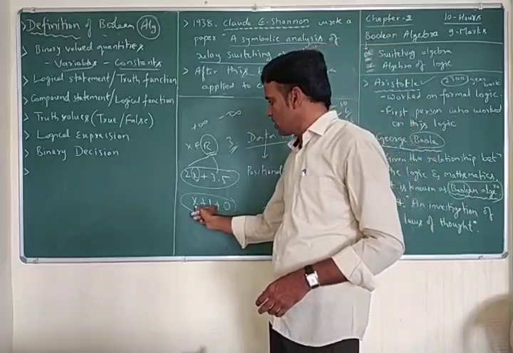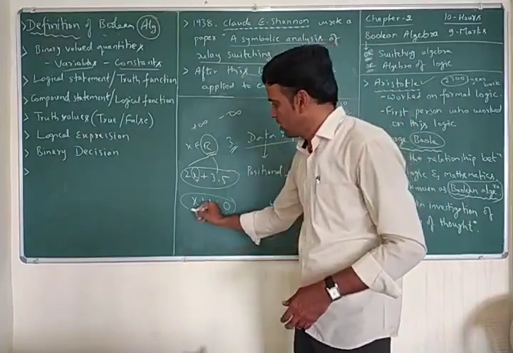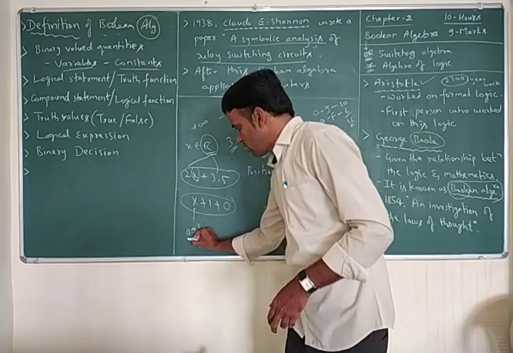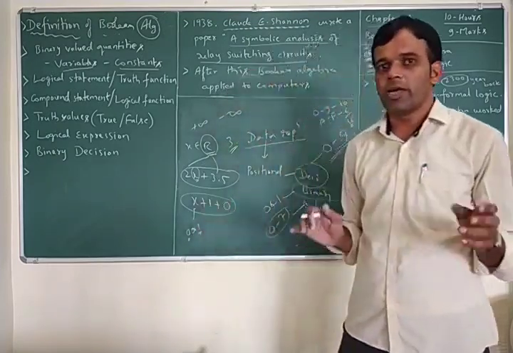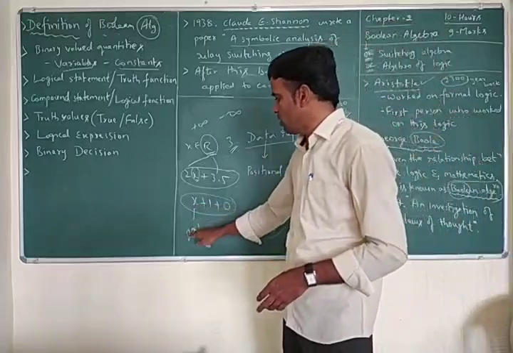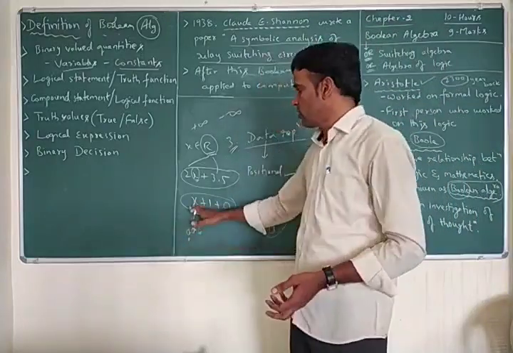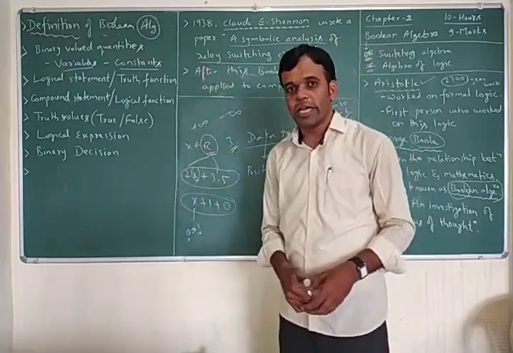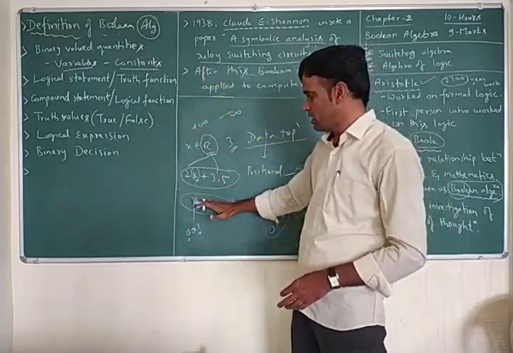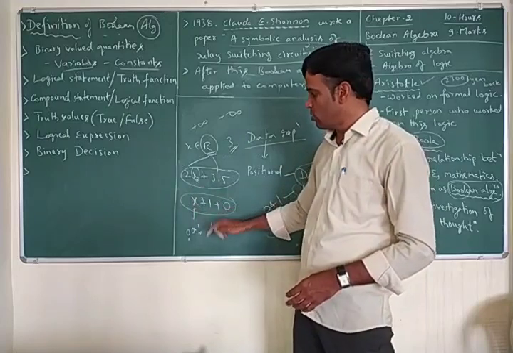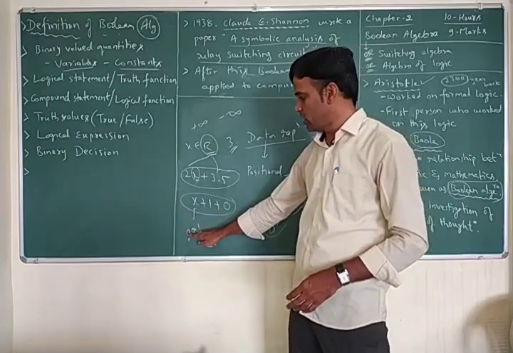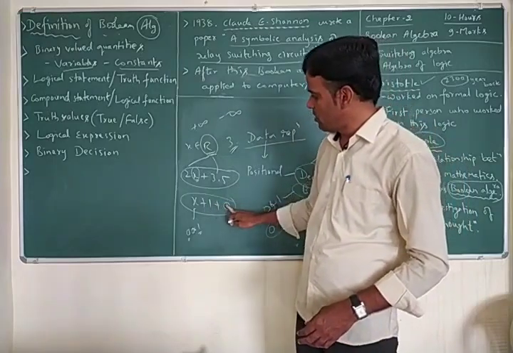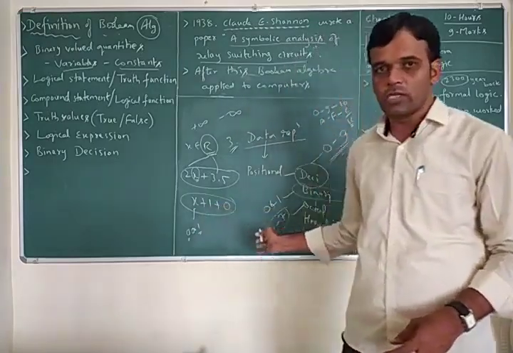Then if variables are there, they should be either 0 or 1. They are allowed to take 0 or 1, not any other value. Suppose it has any value other than 0 and 1, then it will turn into a normal algebraic expression. So I can consider this as Boolean algebra only if x has either 0 or 1, whereas the other numerical values are already 1 and 0.